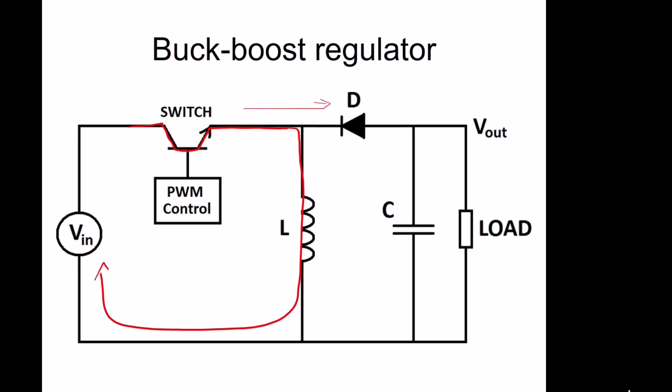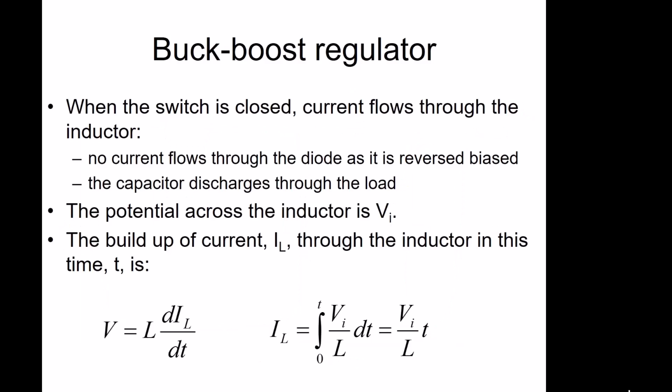The capacitor will discharge, and the capacitor, if this is ground here, and this is going to be a negative output, which we'll see at the end, then the capacitor is going to discharge like that through the load. So we get the capacitor discharging through the load.